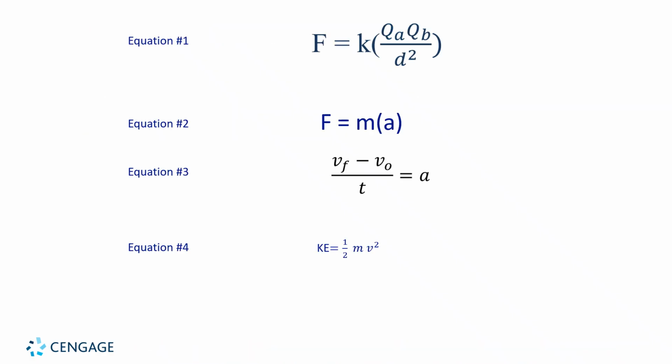All right, so Coulomb's law. That's equation one. We have an electrostatic force that manifests when you have distance between charges. Electrons are charged, so they would be either QA or QB in this version of the equation, Q1 or Q2.